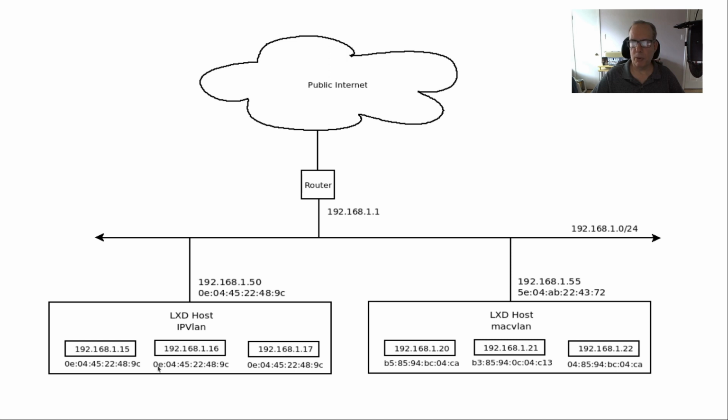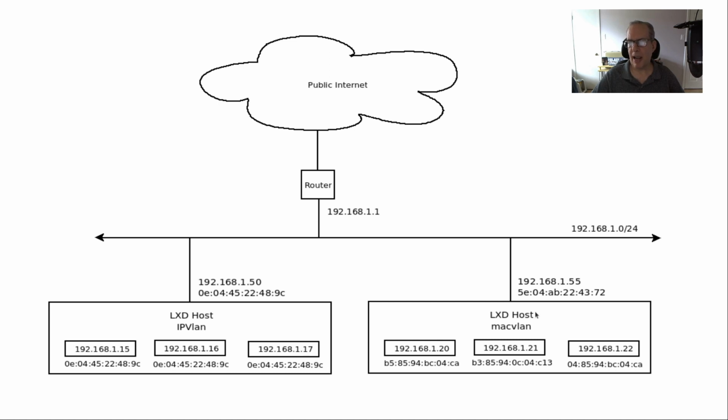You'll notice in both cases, the IPVlan and the Macvlan containers, of which we have 3 on each, all have different IP addresses, as you would expect. But the difference is on the IPVlan, the MAC address for the parent is the same as the MAC address for the first container, the second container, and also the third container.